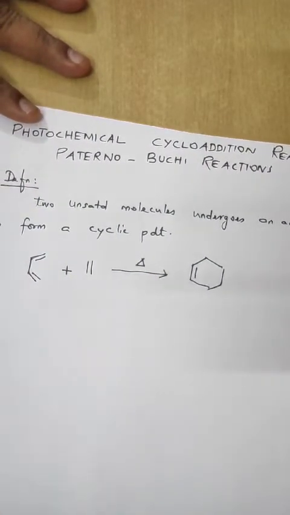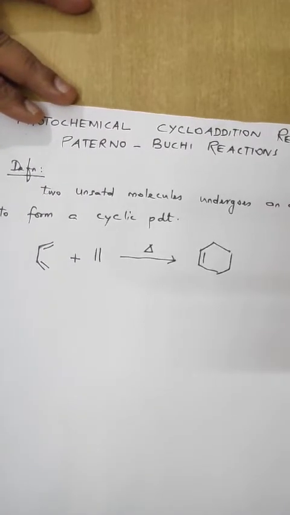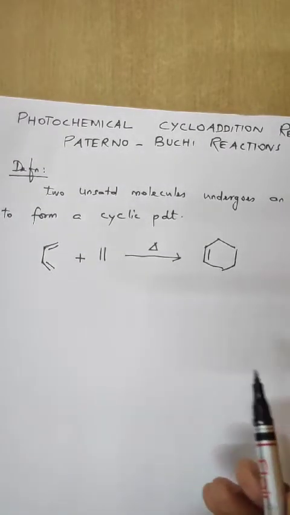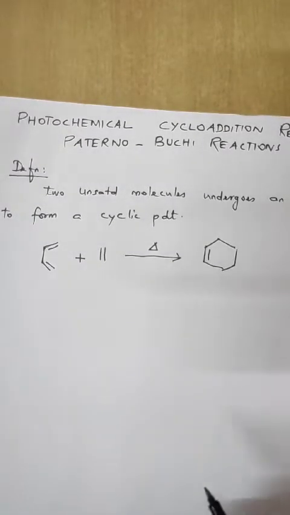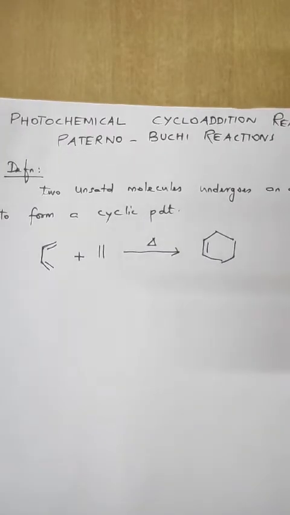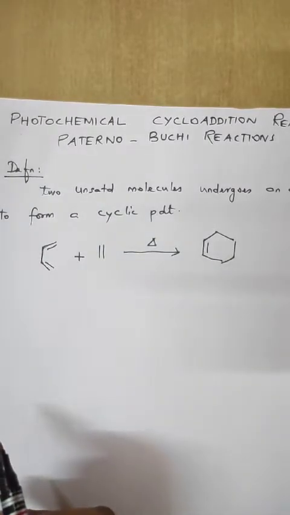Two unsaturated molecules undergo addition to form a cyclic product. Similarly, 3 molecules, 4 molecules, we can go by this definition. So this is a cyclic product. This is the definition of a cycloaddition reaction.